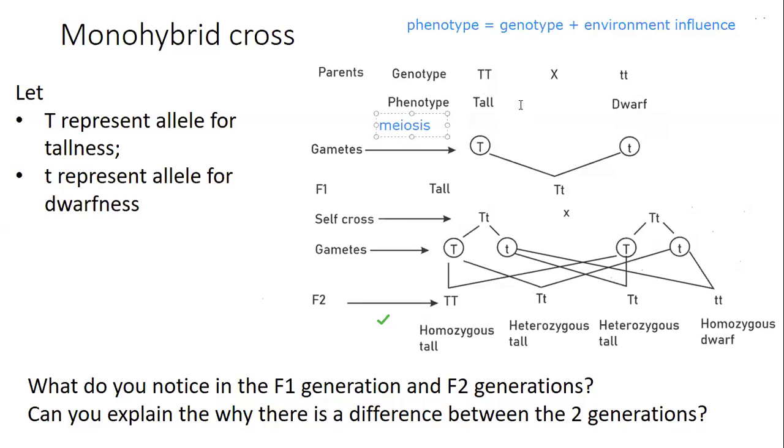Here there's capital T, capital T. We should have drawn two of them here, but since all of them are capital T, we can just write one. And here, since all of them are small t, we can just put one.